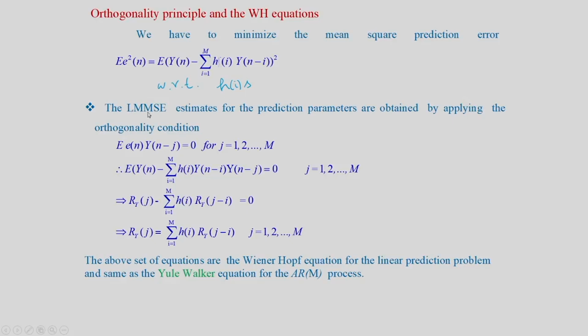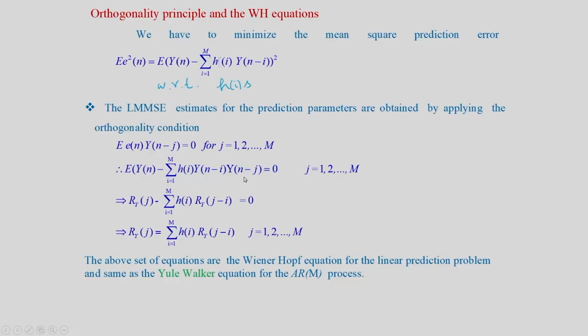The linear minimum mean square error estimates for the prediction parameters are obtained by applying the orthogonality condition. Error is orthogonal to data. Therefore, E of e[n] into y[n minus j] is equal to 0 for j equal to 1, 2 up to m. And now we can write e[n] as y[n] minus summation h_i into y[n minus i], i going from 1 to m. So, E of this expression into y[n minus j] will be equal to 0 for j equal to 1, 2 up to m.